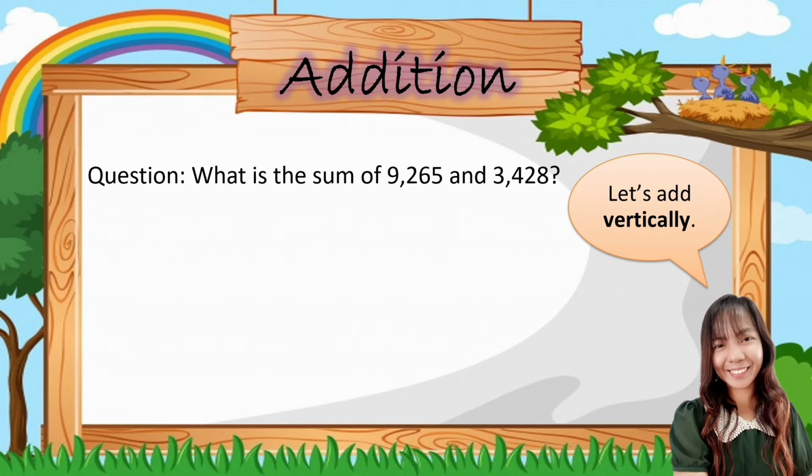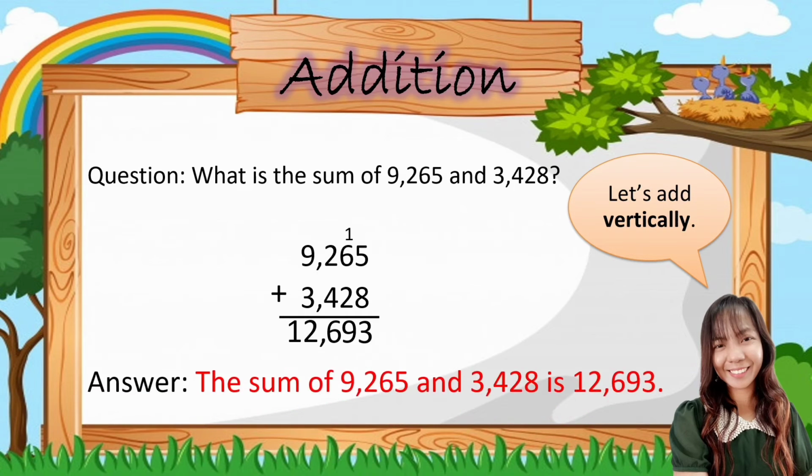Let's add vertically, digit by digit, starting from the ones place. 5 plus 8, 13, so 3 carry 1. 6 plus 2, 8, plus 1, 9. 2 plus 4, 6. And then 9 plus 3, 12.